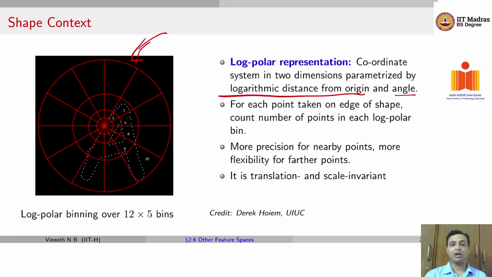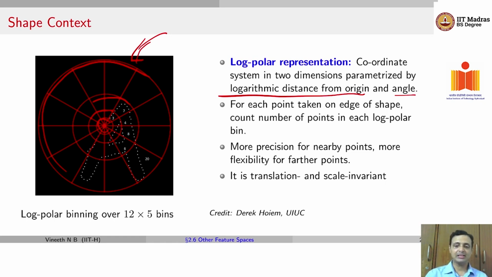In this log polar representation, you can see that there are perhaps something like 1, 2, 3 and 4 regions in terms of log distance, and then 12 bins in terms of the angles themselves.